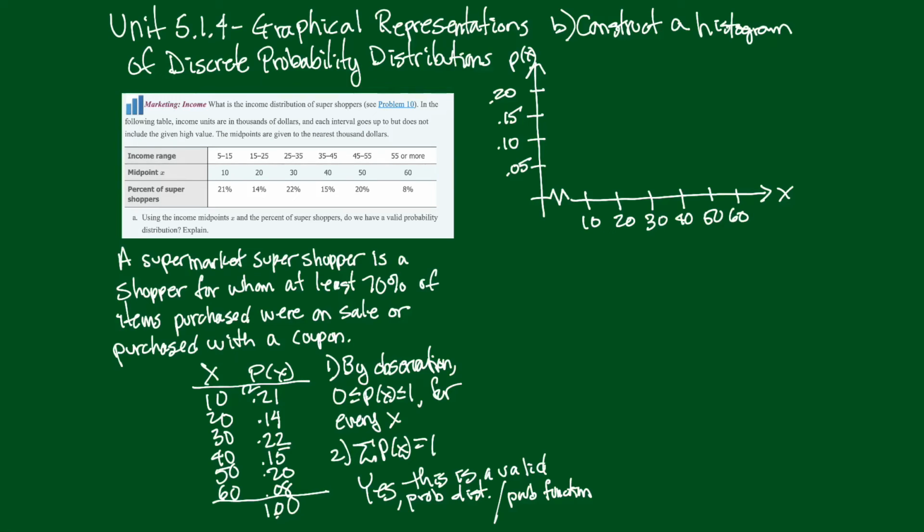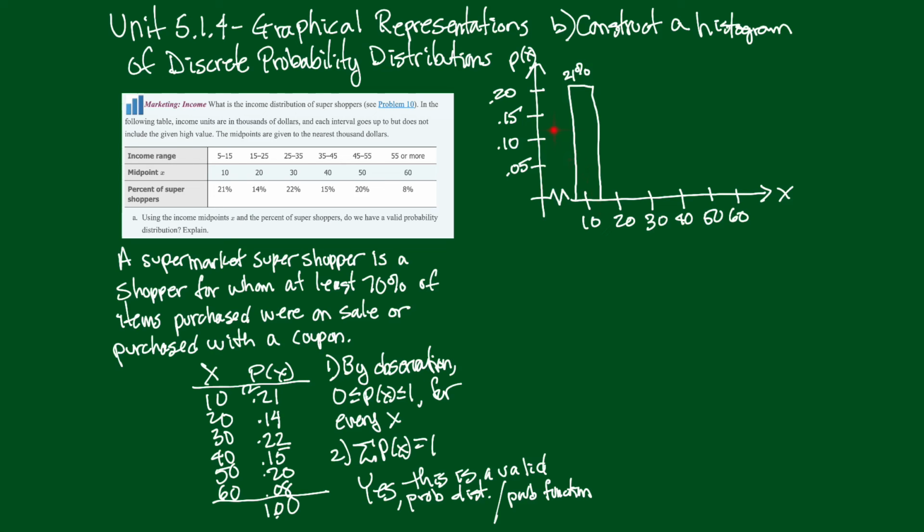All right, let's get these bars now. The first bar for 10 is going to be a 21. So I'm going to come over to 10, go back a half, up, and bring that up to 21, just a little bit above 20. Maybe that's 21. I'll even put 21%. Now, what's the next one? The next one is at 20, and that's 0.14.